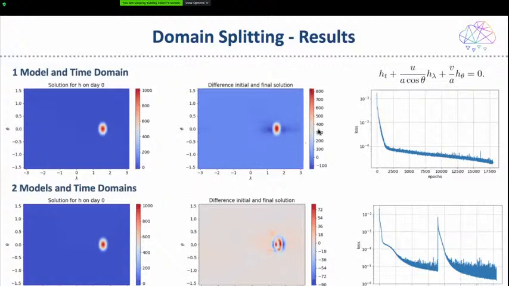In this test case, first we can see the spatial domain, so it's latitude and longitude. On the left-hand side, on the top, you see the initial condition, which is basically an elevation, a cosine bell.